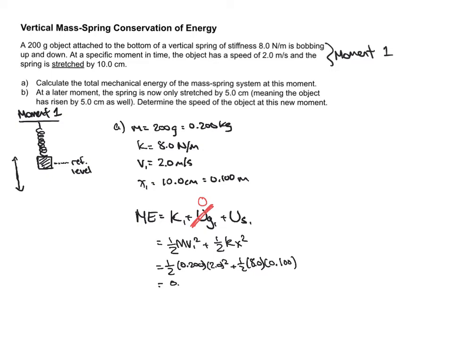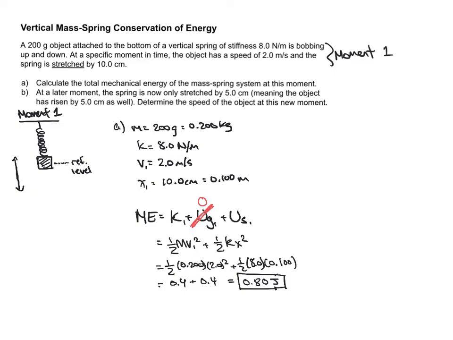So I got 0.4 plus half times 8 is 4, 4 times 0.1 squared is also 0.4. So in total, that'll be 0.8. It'll actually go to 2 decimal places if I do it properly. Okay, so that's the answer, in joules. That's the answer to part A, the total mechanical energy at moment 1.